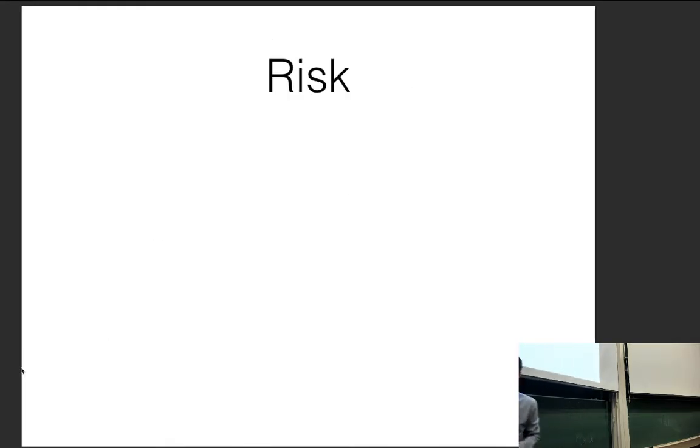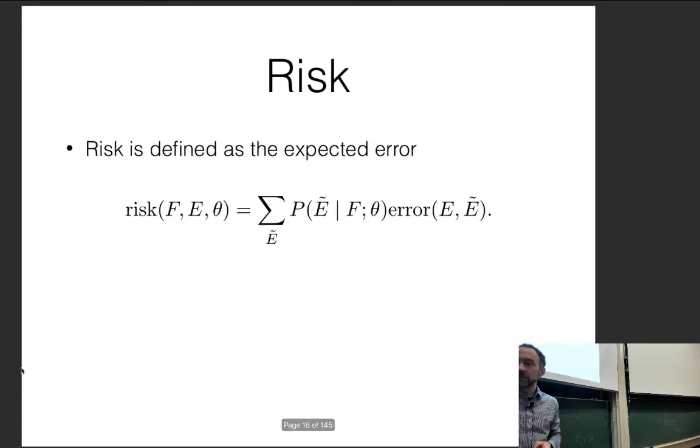Okay, so risk. What is risk? Risk is basically the expectation of the error. So the expectation of the error looks like this. We have the error function defined over all of our possible outputs e tilde, and we also have the probability of this e tilde given the input and the parameters of our model.